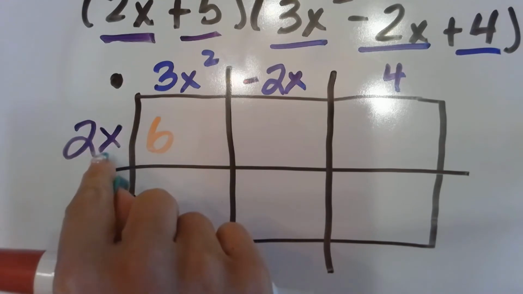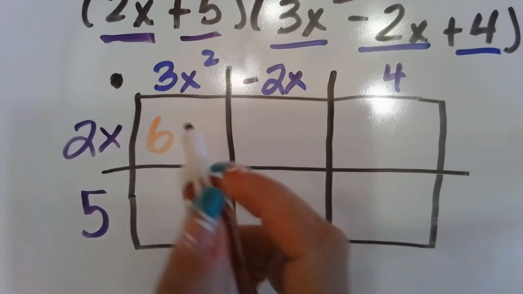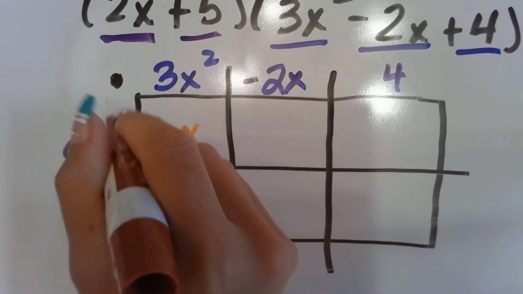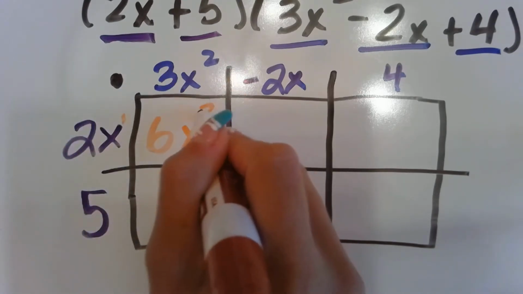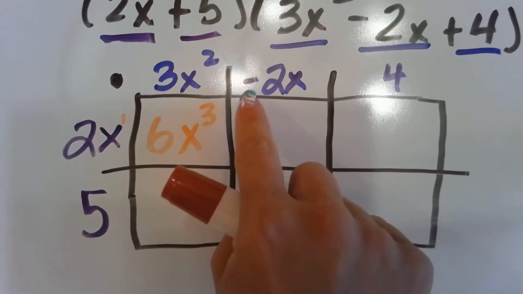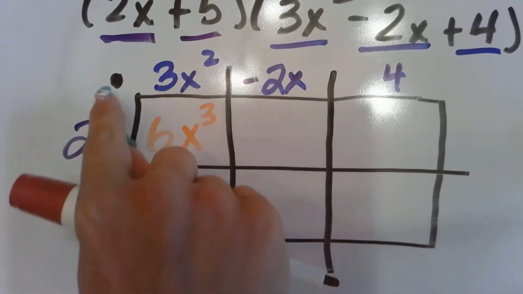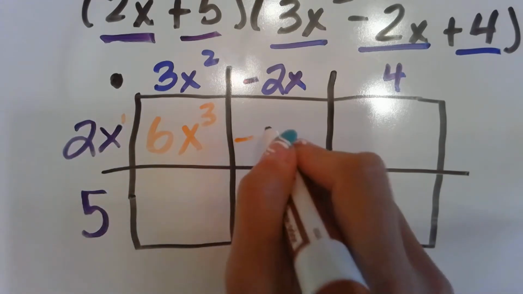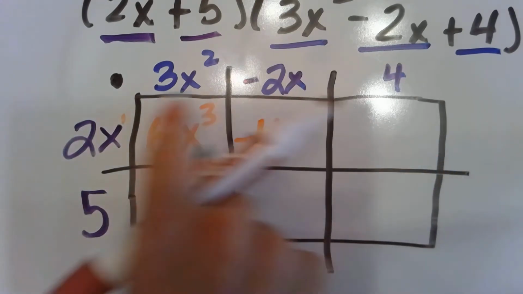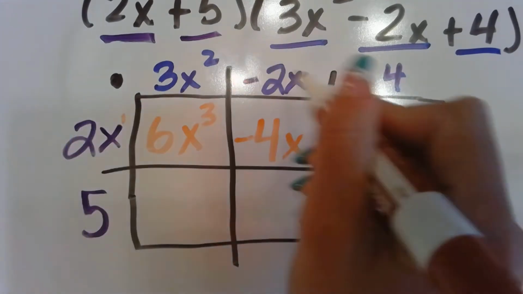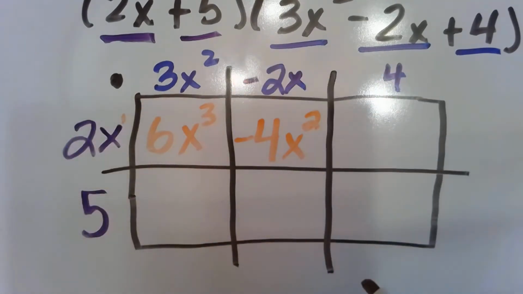And remember, when we are multiplying, we add our exponents. So it's going to be x to the 2 plus, and then our imaginary 1, is 3. For this one, we have negative 2x times 2x. So negative 2 times 2 would be negative 4, and x times x is x, adding our exponents, x squared.